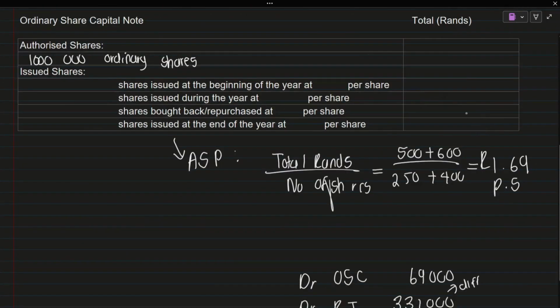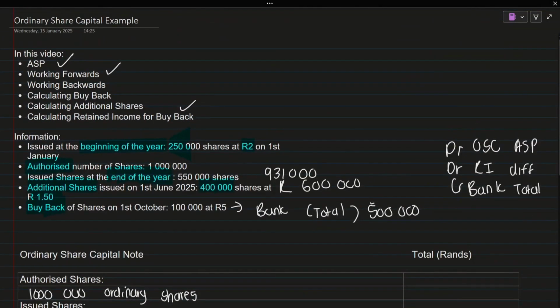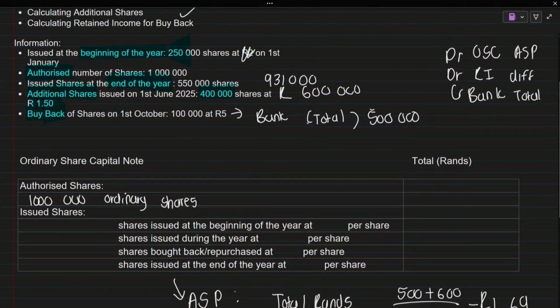Okay, so this is 931,000, and I've put it here for the issued shares at the end of the year. Let's work backwards now. Let's say, for instance, we do not have the beginning of the year. We do not have the share price, which is the 2 Rand. Let's say we don't have that 2 Rand, so we can't calculate that total Rand amount. Now, this messes up a lot of things. Why?